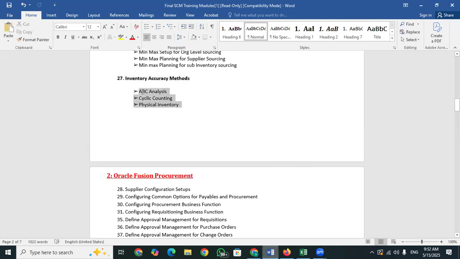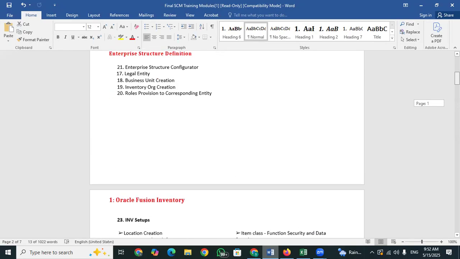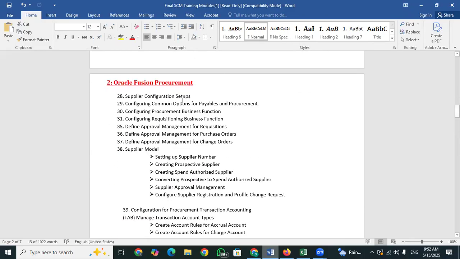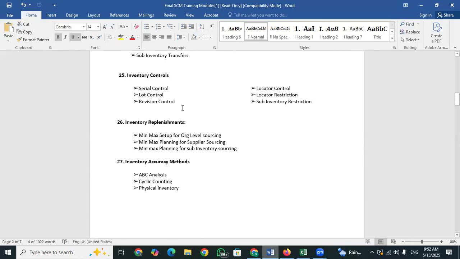If they do not match, what is the process? And how can we find out whether accuracy is happening perfectly or not? That is what the inventory accuracy methods cover. This is all about inventory. Then procurement is one of the important topics. How does the inventory stock level come into it?